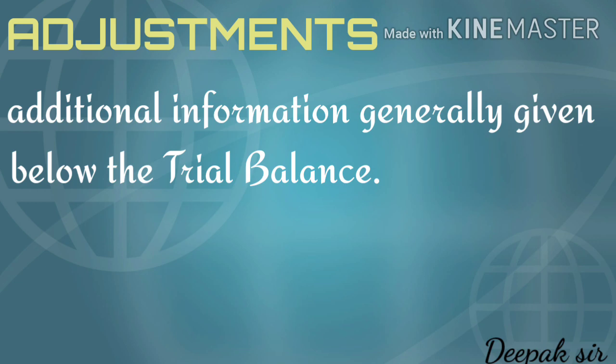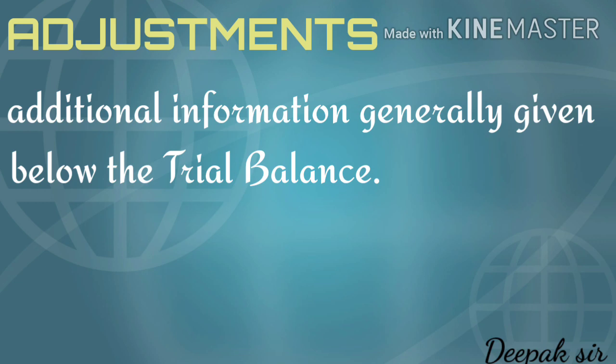It is not compulsory that adjustments are always given below the trial balance. There was one board problem in which adjustments were given above the trial balance. But in maximum problems, adjustments are given below the trial balance.